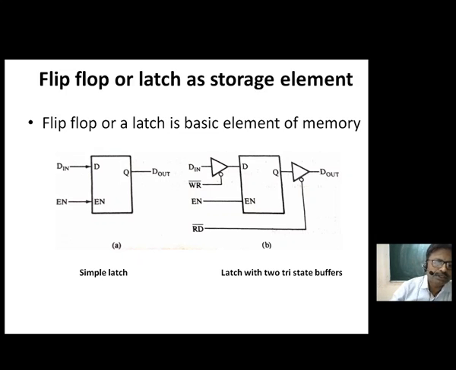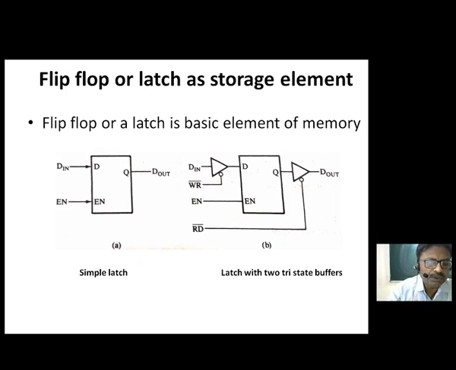Now we can write into the latch whenever we enable it through the write signal, and we can read from the latch whenever it is enabled through the read signal. Now this tri-state buffer is negatively activated, and that is why it will work only when write is low. Similarly, read is also negatively activated, and this buffer works when read is low.